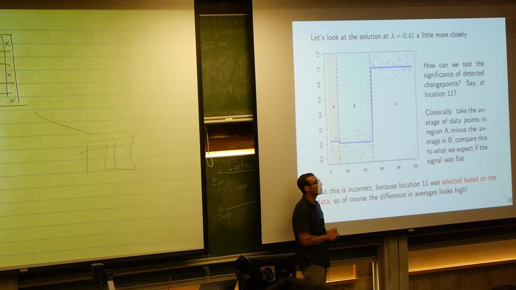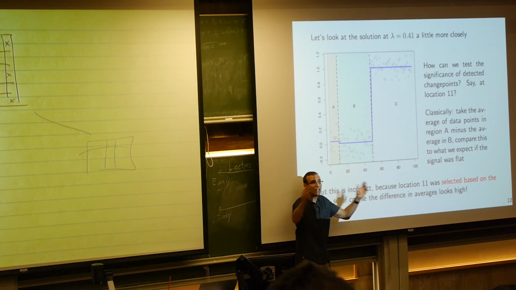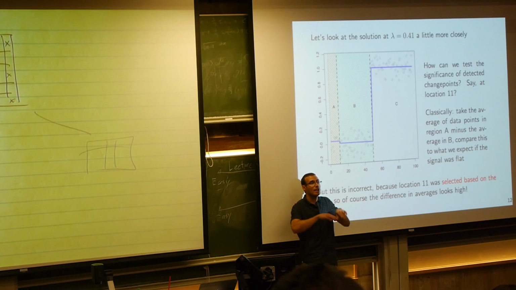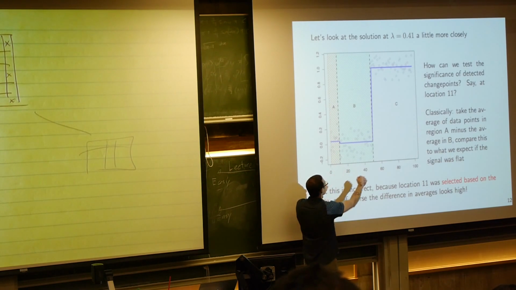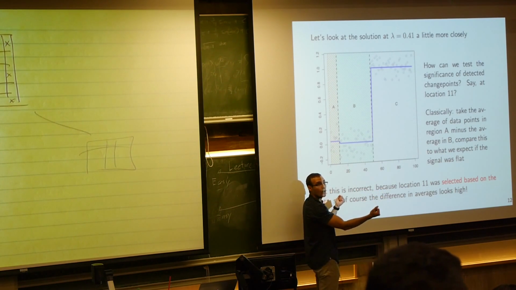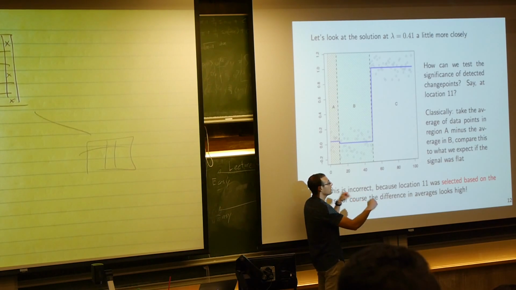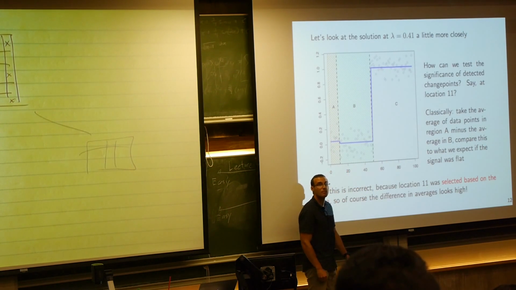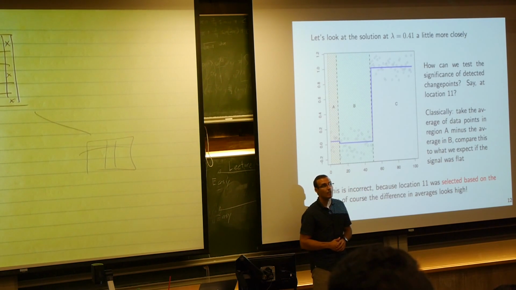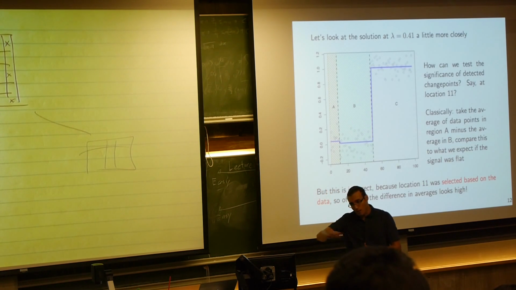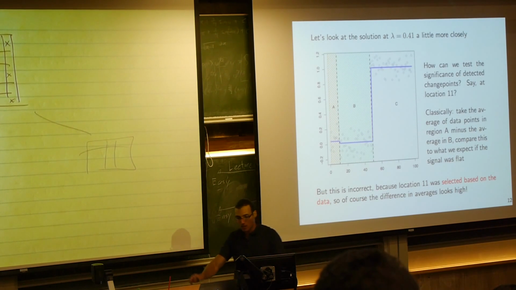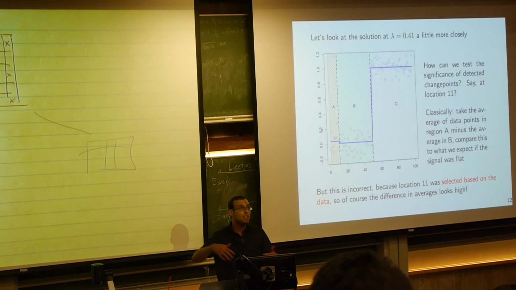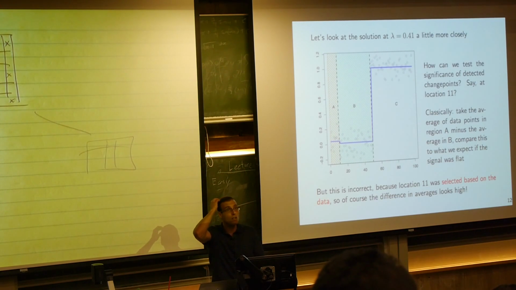So I look at the observed difference in the averages between these points and these points, and compare that to a setting in which I had just points from A and B with the same mean. It's called the null distribution, where nothing different is happening, and I take averages anyway and look at their difference. If I compare that to my reference distribution, and this difference in averages is quite high compared to what I expect under the null, then I would say, yeah, this difference is real.